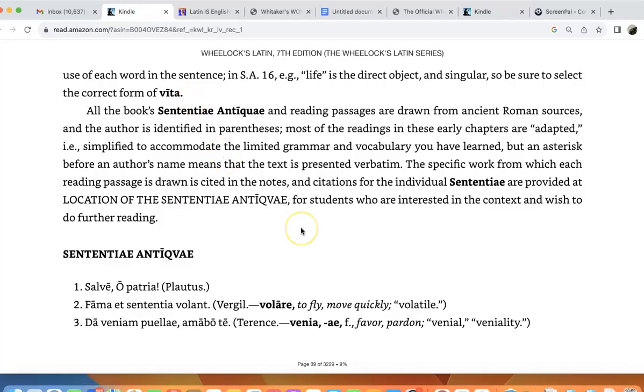All right, let's actually get into the exercises here. So again, I'll just do this orally, but you want to write this down. So we have Salve, O Patria, and Plautus. Remember, this Wheelock's Latin is based on classical sources. Now these are adapted sentences at this point.